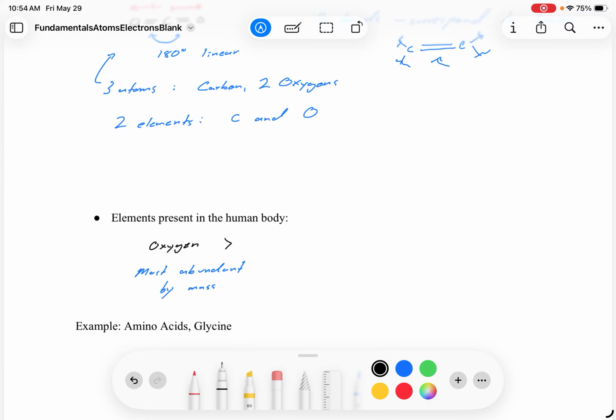So this is carbon. And this sign just means that there is more oxygen than carbon, and there is more carbon than hydrogen. And there is more nitrogen than trace elements.